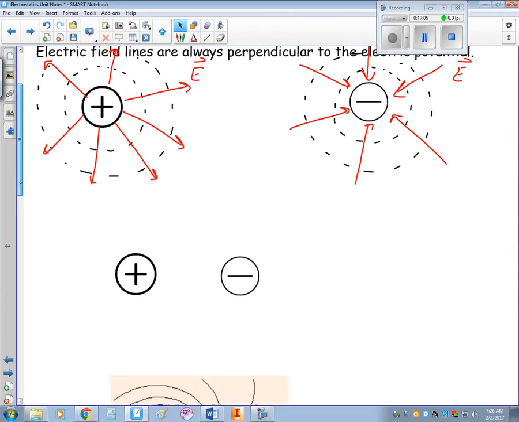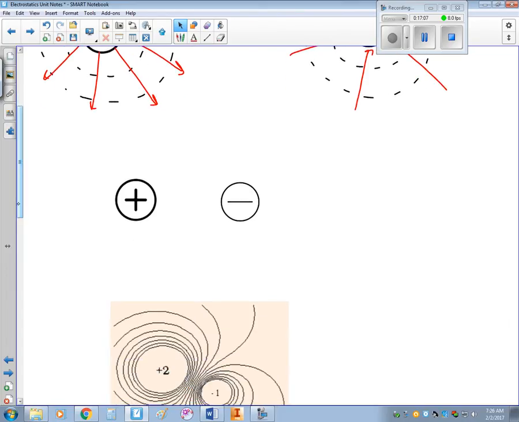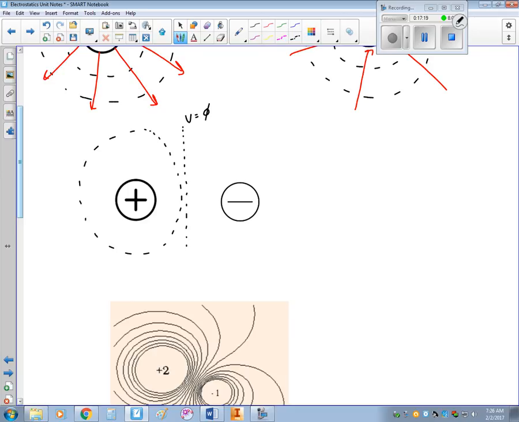So if I had two charges then, at exactly between the equal potential lines, the voltage would equal 0. And it would look something like this.